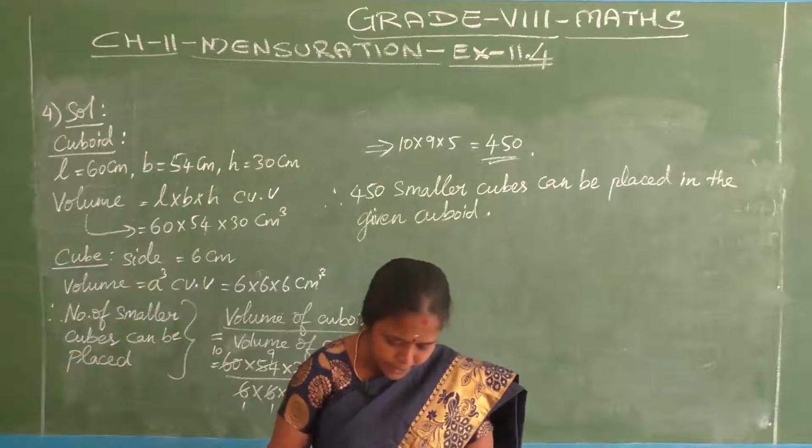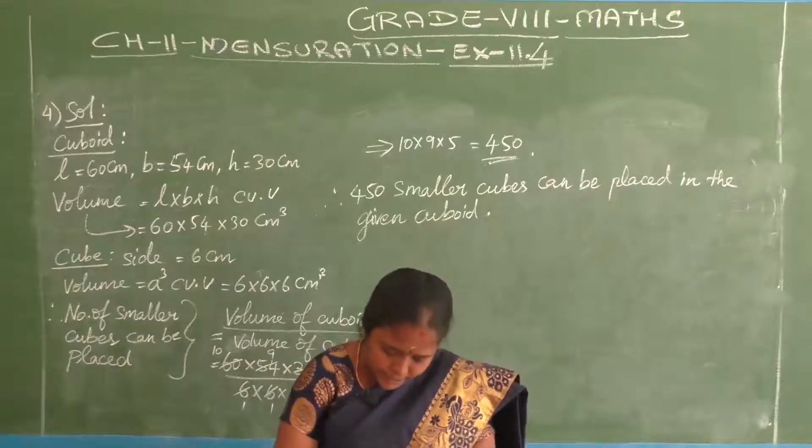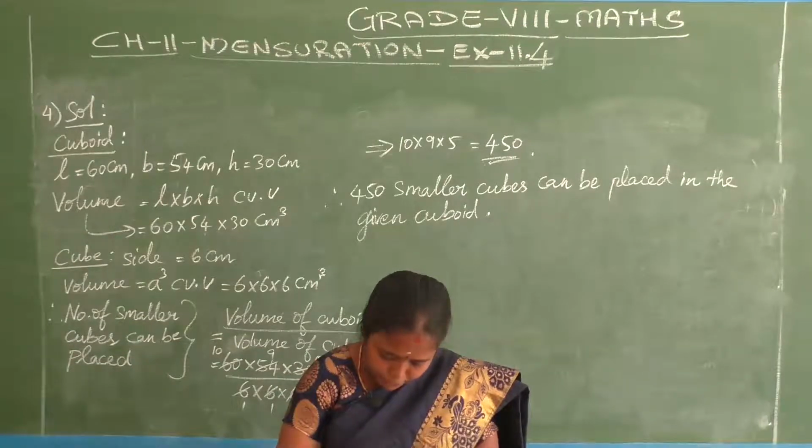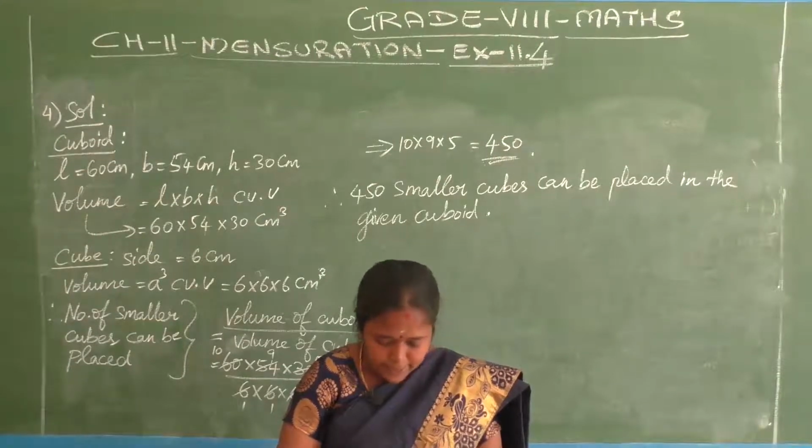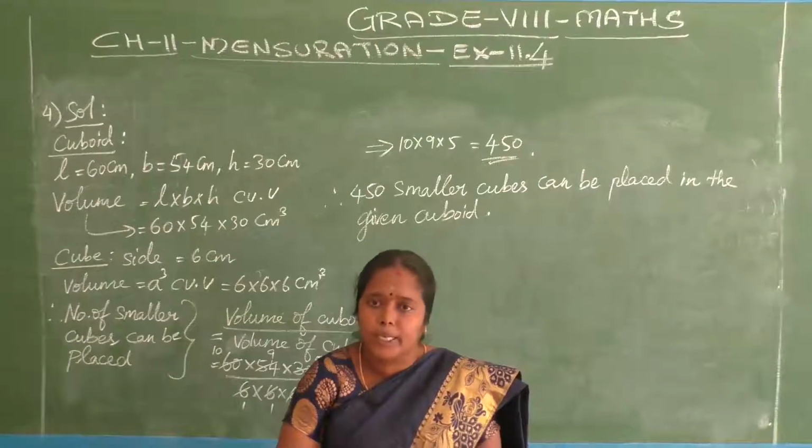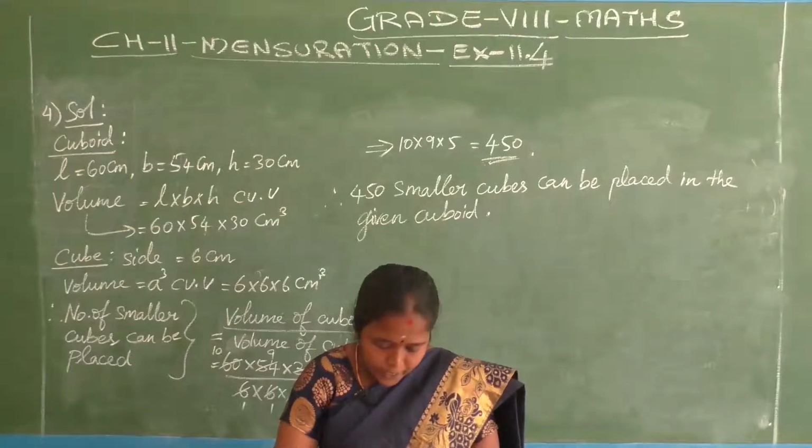Okay, fifth question. Find the height of the cylinder whose volume is 1.54 meter cube and the diameter of the base is 140 centimeter. Here also they are asking only the height.